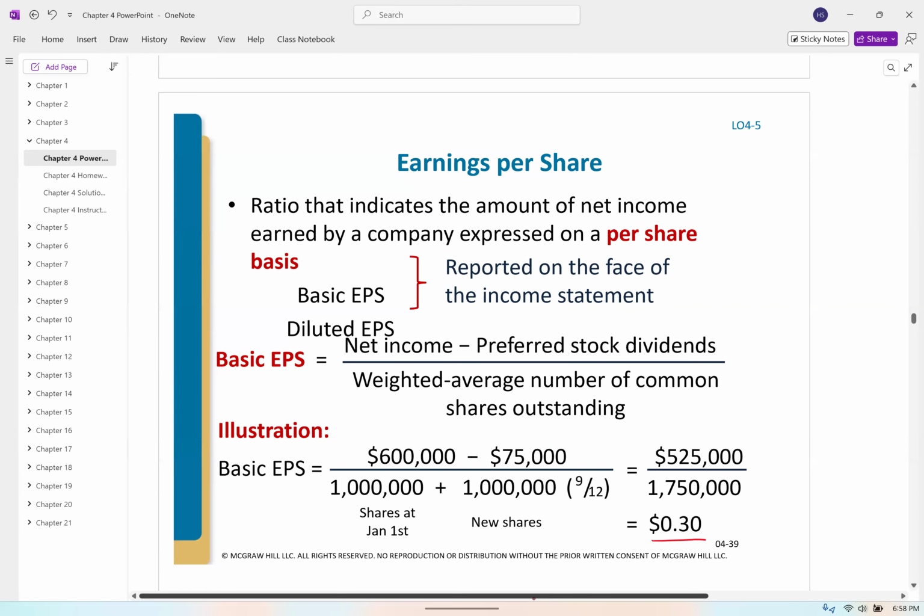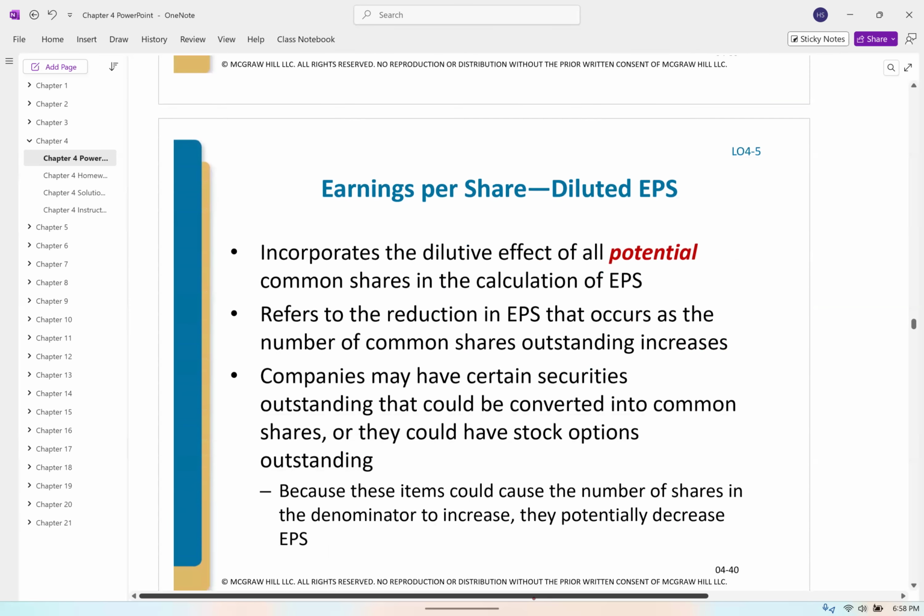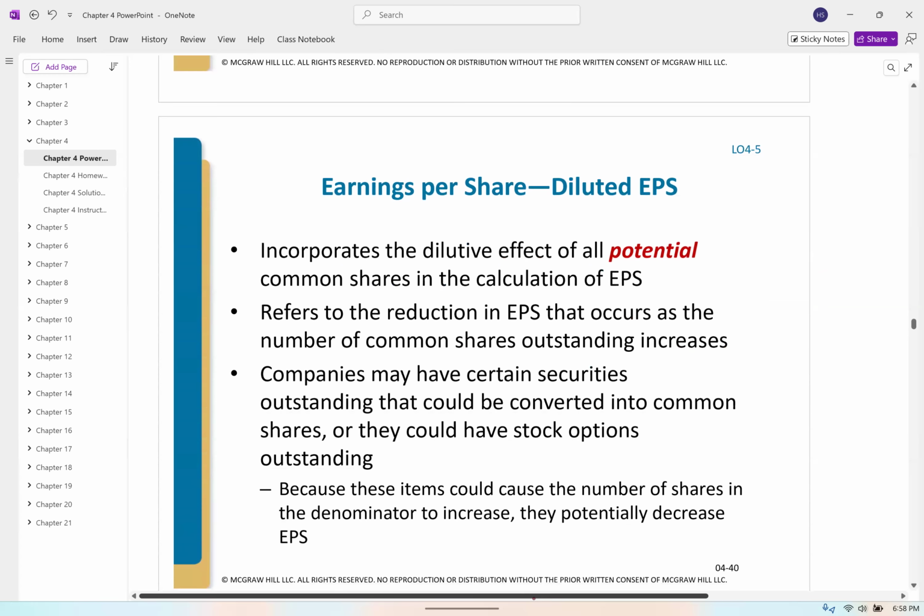I'm guessing that was a problem in the book, but you can see 30 cents per share. So there could be some securities that would have a potential to lower, to dilute, those earnings per share. And I believe we go into this in more depth in another chapter, and actually do a lot of the calculation of diluted earnings per share.